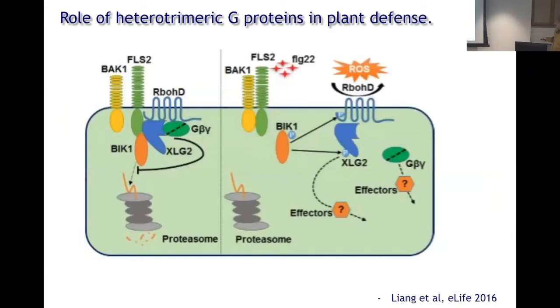It seems to function as a positive regulator of immunity, through its interaction with FLS2, but also by stabilizing a downstream kinase of FLS2 called BIK1. So Gbeta functions in immunity in Arabidopsis, and the mutants are more susceptible to diseases. But this still doesn't explain why our maize mutants are much more severe, right? Our maize mutants are not more susceptible, they're just dead, even in the absence of pathogens.